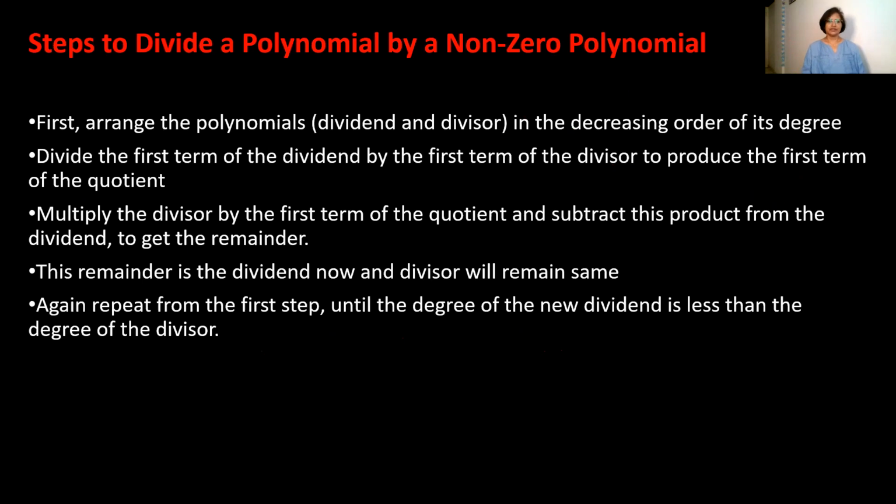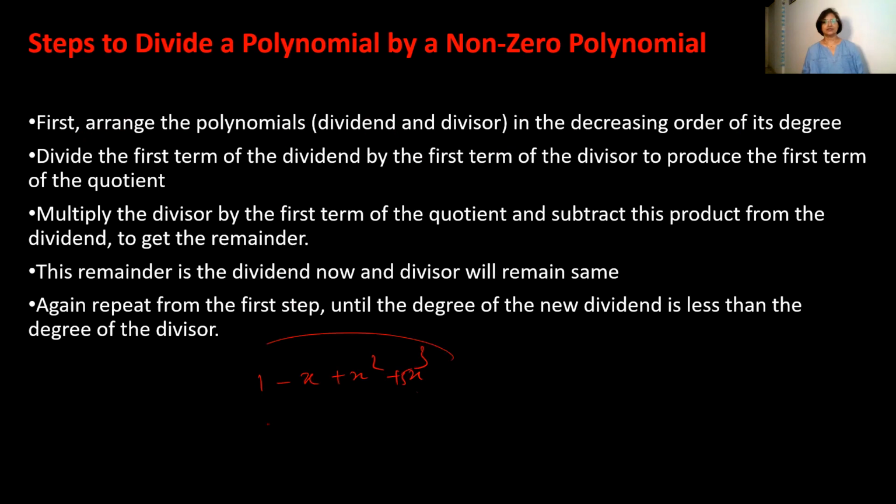So if you are going with the long division method, you are dividing one polynomial by another. We have to follow these steps. If you learn these steps and follow them, it's very simple, like division of two numbers. The first step is to arrange the polynomials, dividend and divisor both, in decreasing order of degree. Sometimes a polynomial is not written in that form.